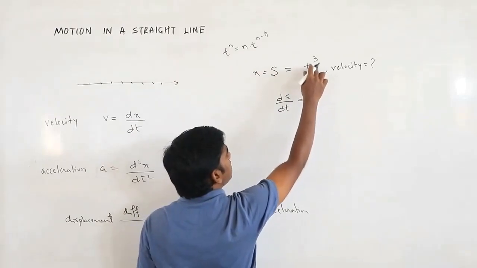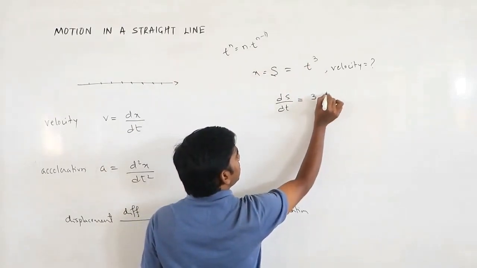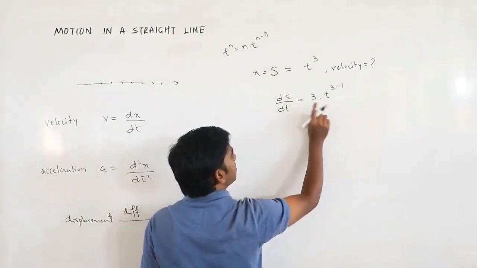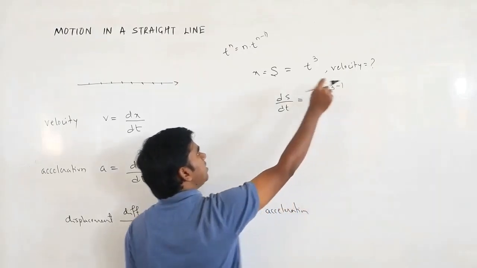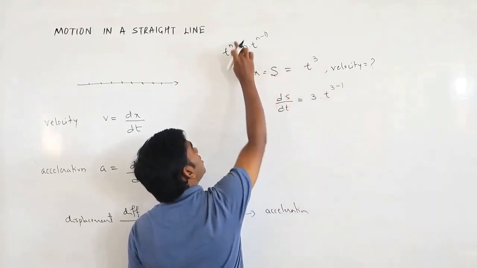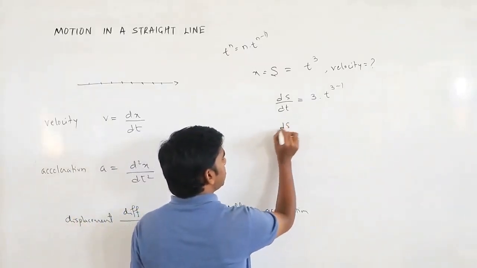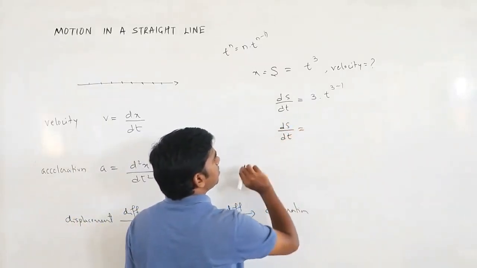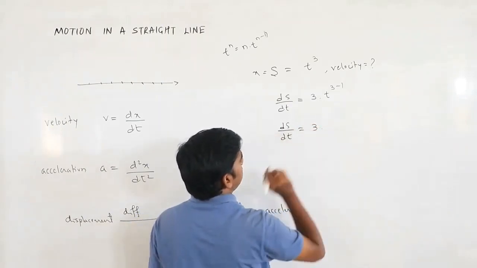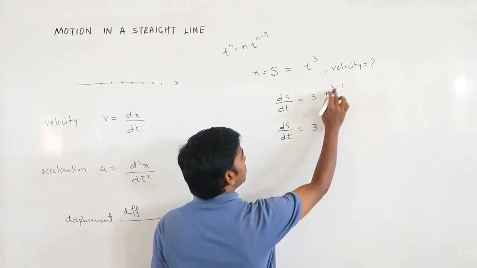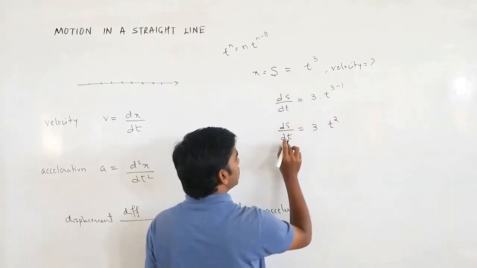Here n equals 3, so ds by dt equals 3 into t raised to 3 minus 1, which is t square.